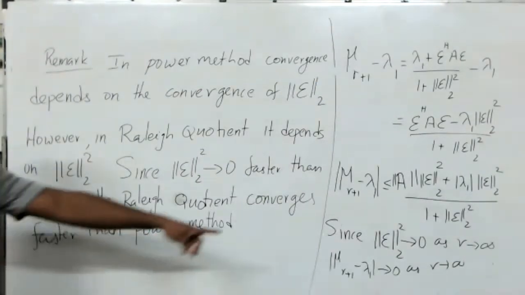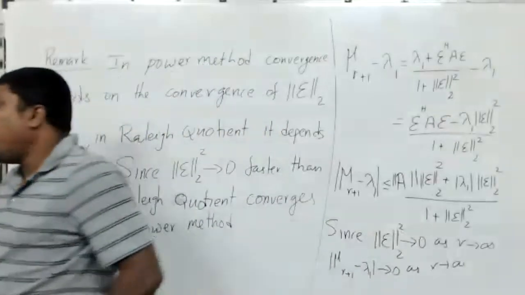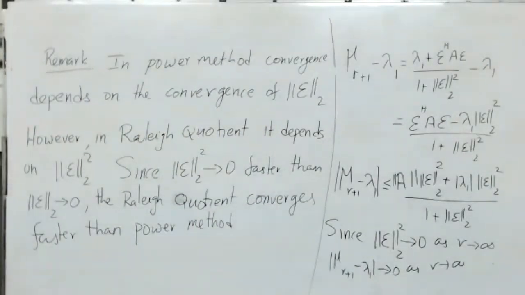But in the Rayleigh quotient, we use the 2-norm of epsilon squared. Epsilon squared will obviously converge to 0 faster than epsilon, because if a sequence converges to 0, its square converges faster. So the convergence in the Rayleigh quotient is faster than in the power method.